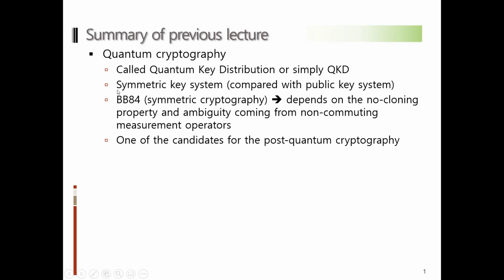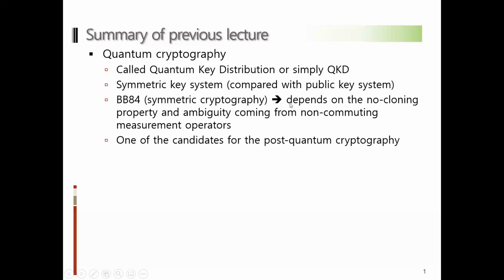Most of the quantum cryptography uses the symmetric key system. The most representative protocol used in QKD is called BB84, which is also a symmetric cryptography system. And then I explained how this BB84 works.